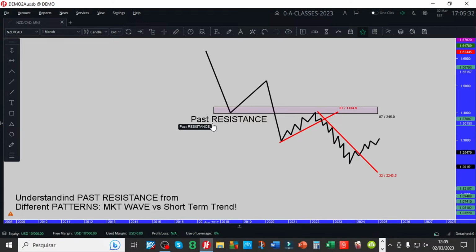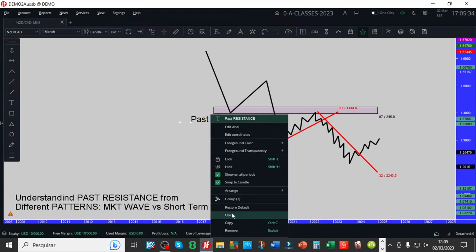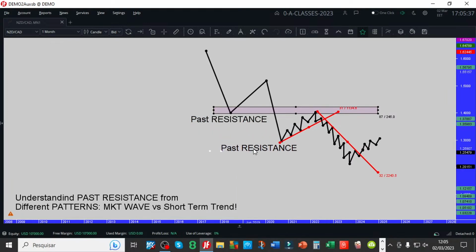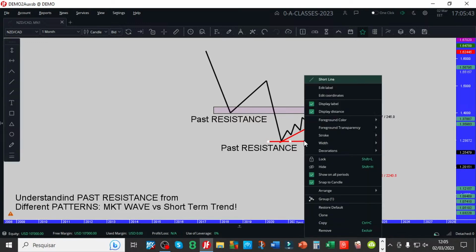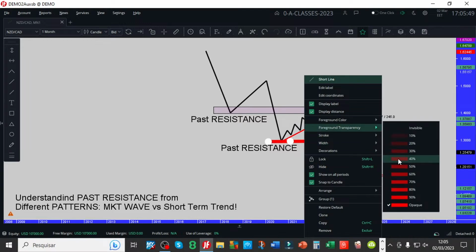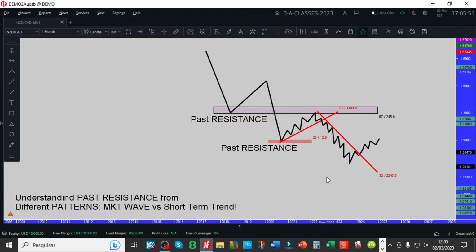Until the next past resistance, right? So past resistance, past resistance, past resistance. Okay, past resistance here. Remember, it's not a line to the pip, it's an area. Okay, it can go through.